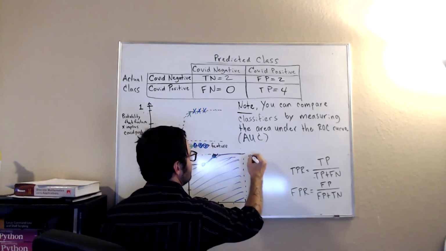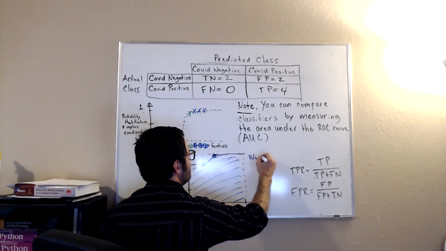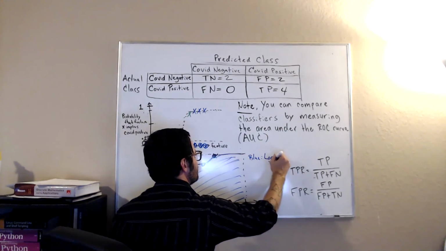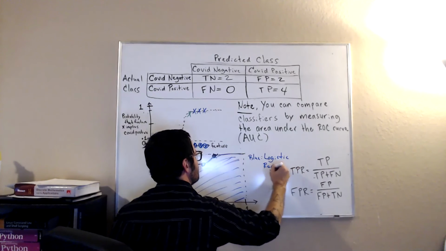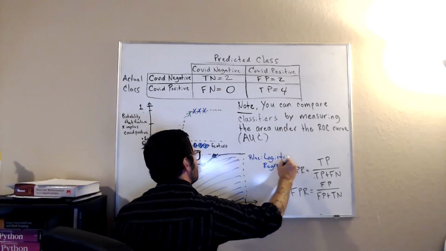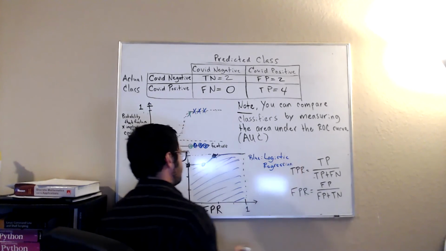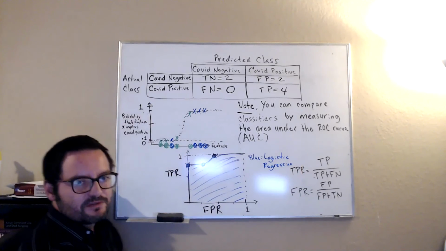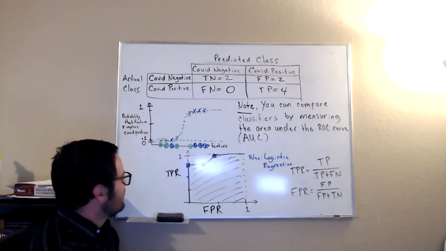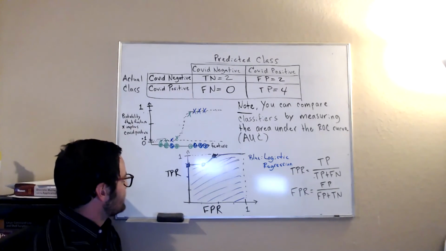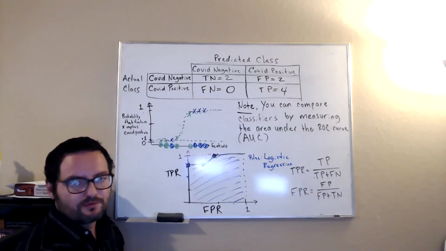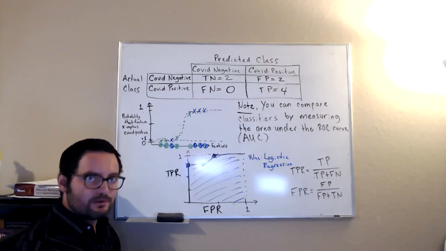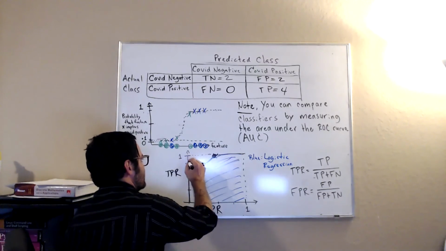So blue is logistic regression. But then suppose we had another model, maybe something like a decision tree or a random forest, which we haven't learned what those are yet, but we will. They have a curve like this.